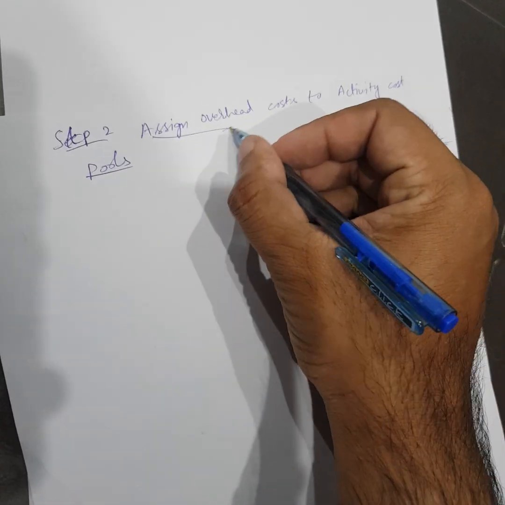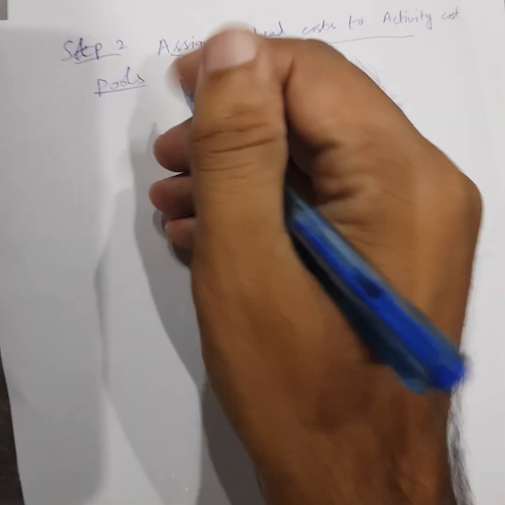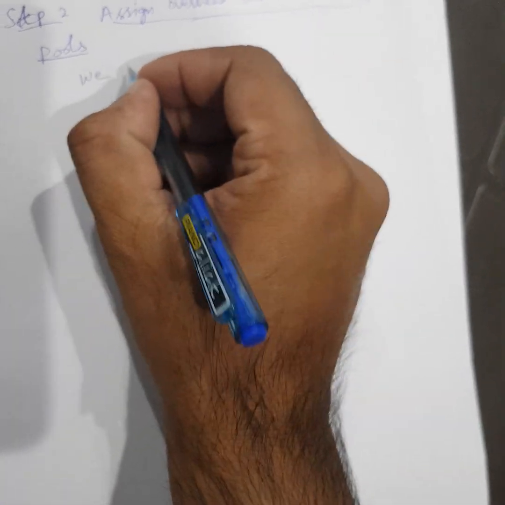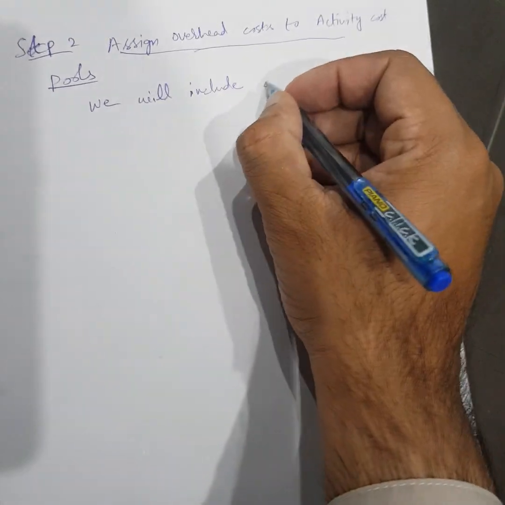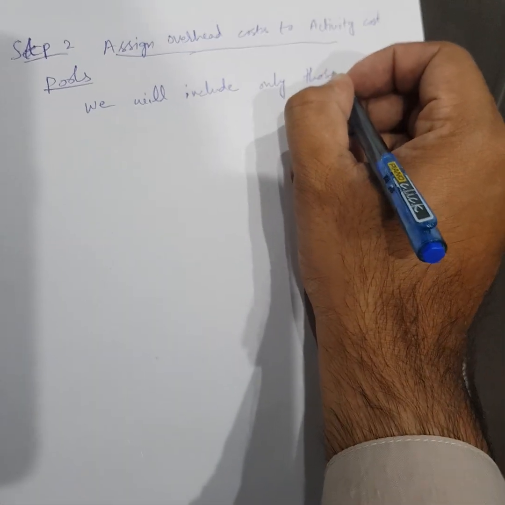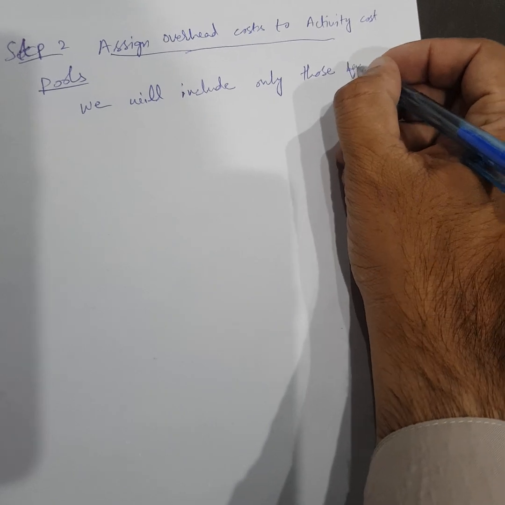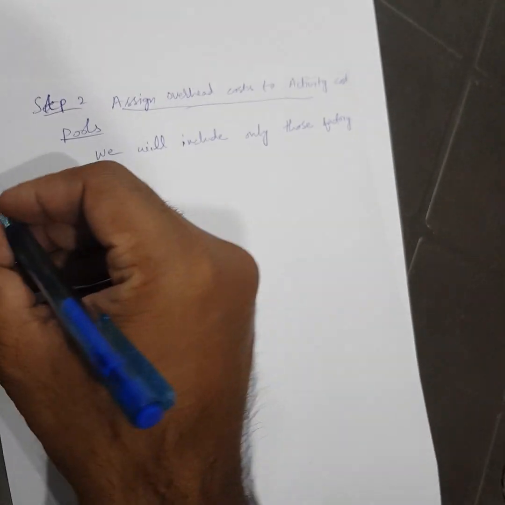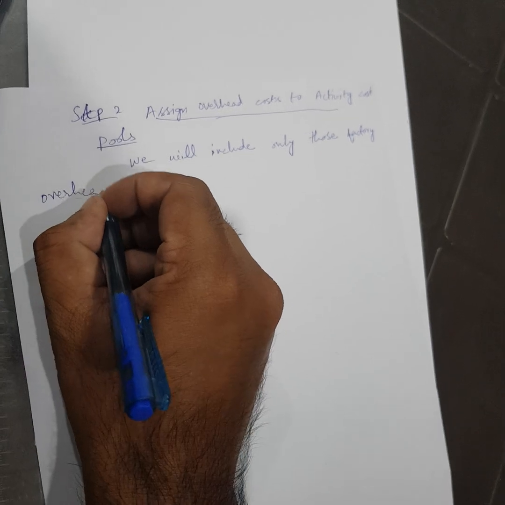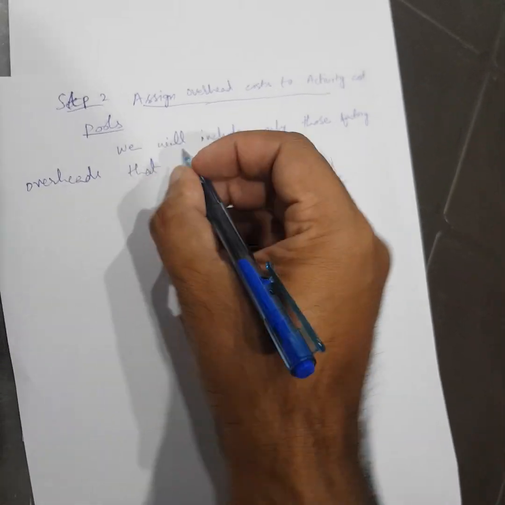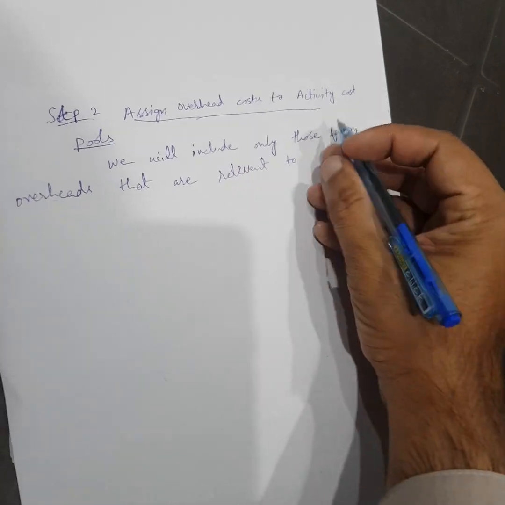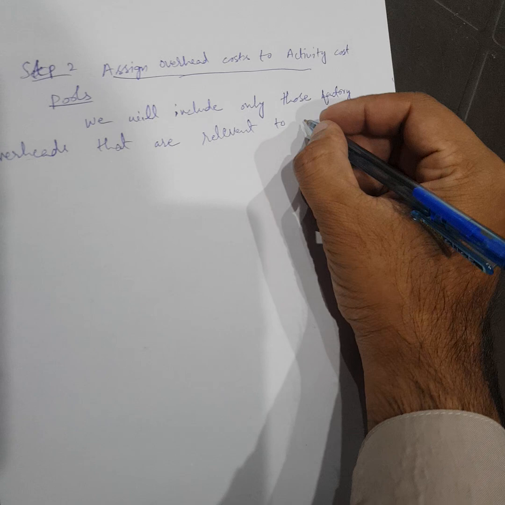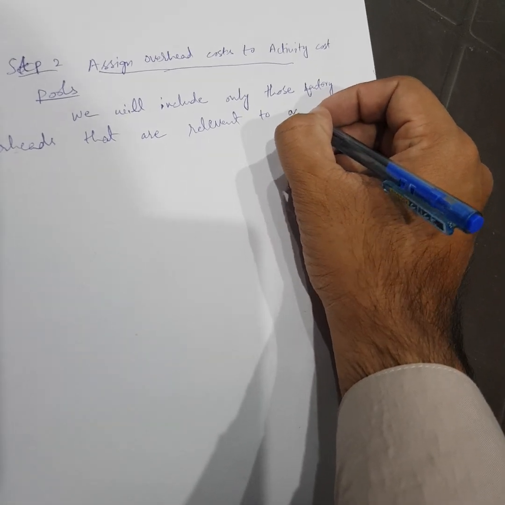In this step, it is important to mention that we will include only those factory overheads that are relevant to the activity cost pool.